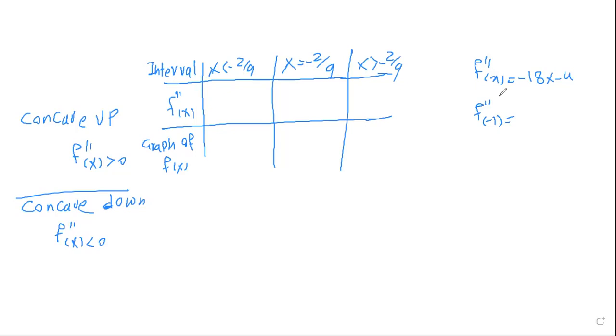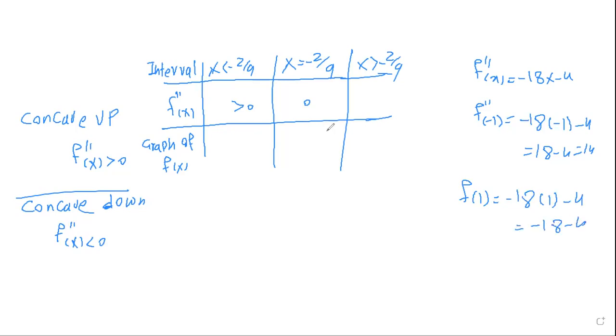So f''(-1) is negative 18 times negative 1 minus 4, 18 minus 4, 14. Positive. In the other interval, for example f''(1) is negative 18 times 1 minus 4, negative 18 minus 4, which is less than 0.